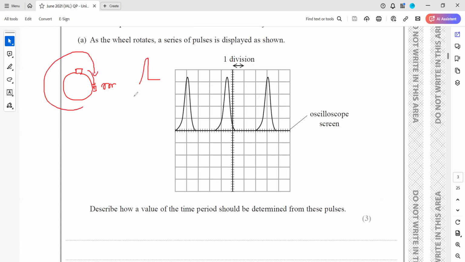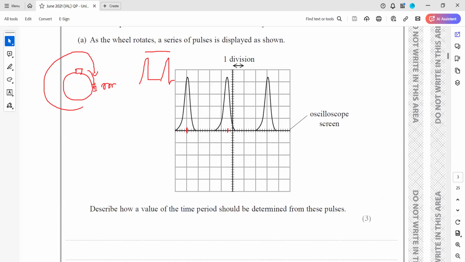Then the magnet returns to the same position, and there will be another peak. So the time interval is the distance between the two peaks. So we measure the distance, or count the number of boxes or divisions, between the two peaks and multiply by the value for each division.